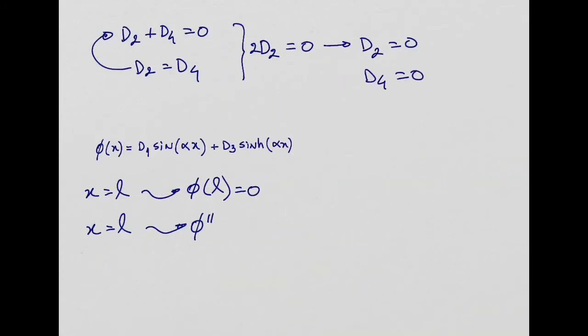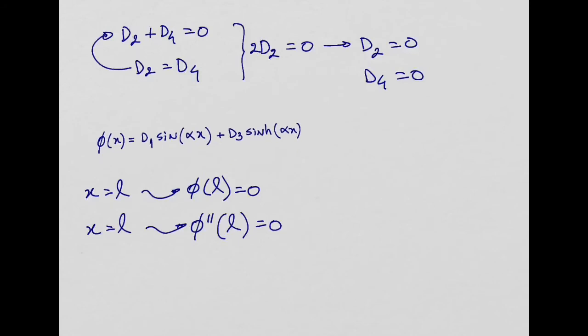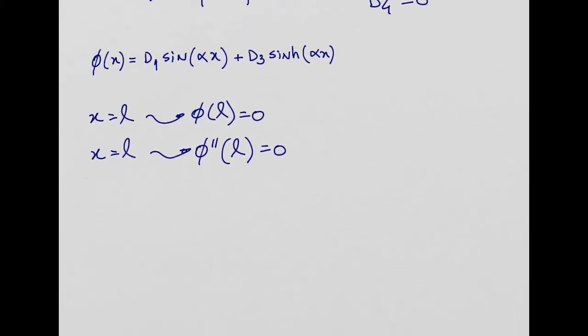So the second derivative needs also to be equal to 0. But now the difference is for x equal to L. So if I replace in this equation for phi, which I'm going to make a bit bigger now, I will have something like this.